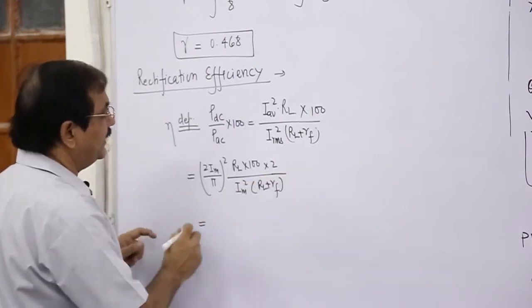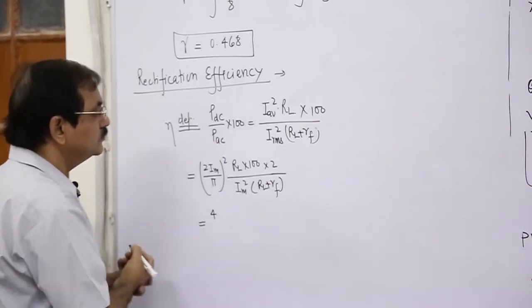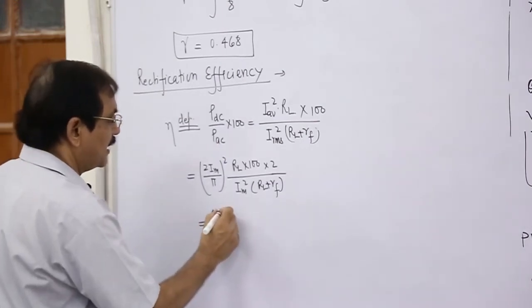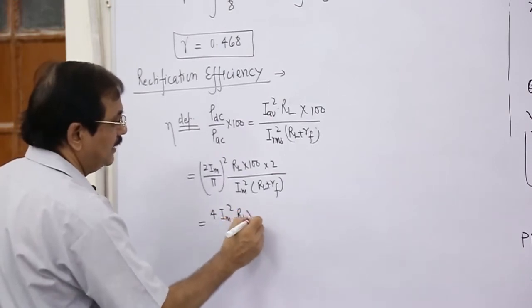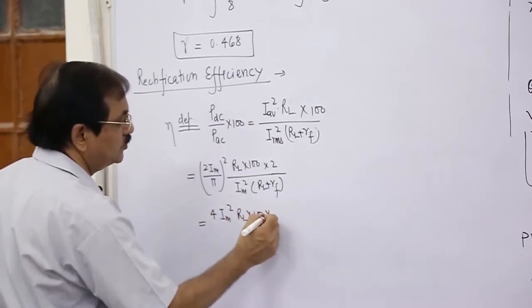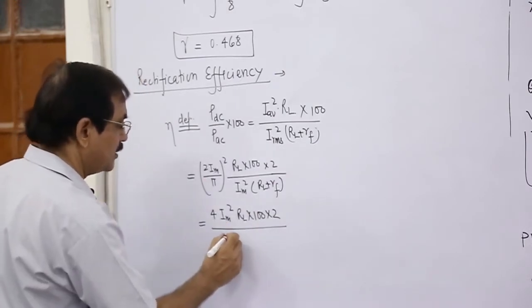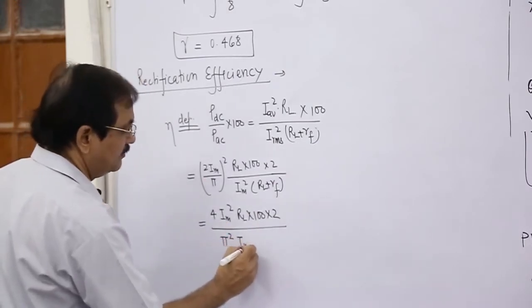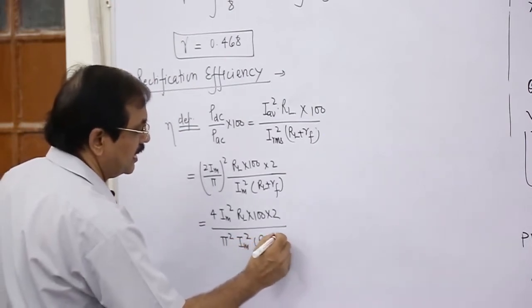So, what we find is 4 Im square RL into 100 into 2 upon pi square into Im square (RL plus RF).